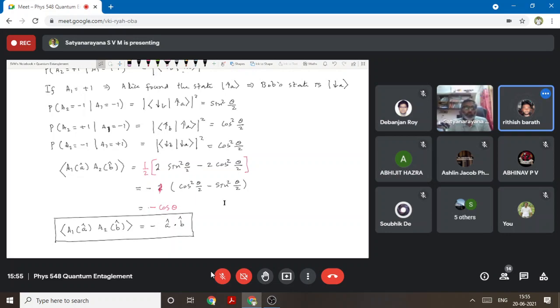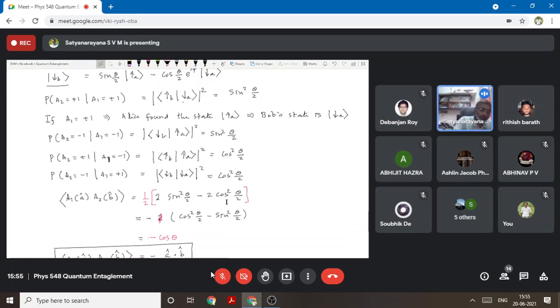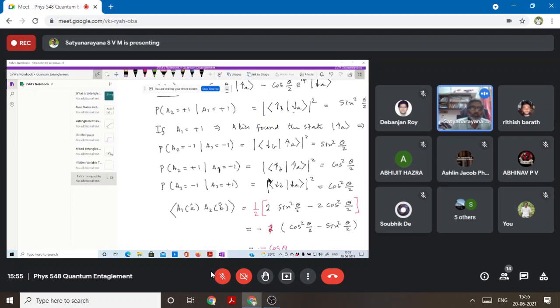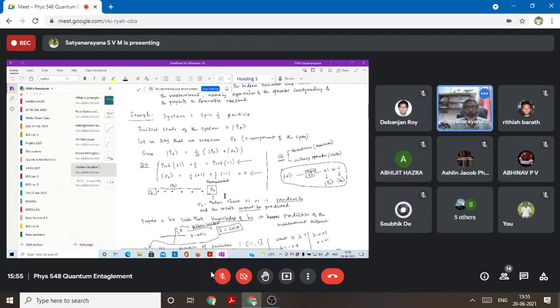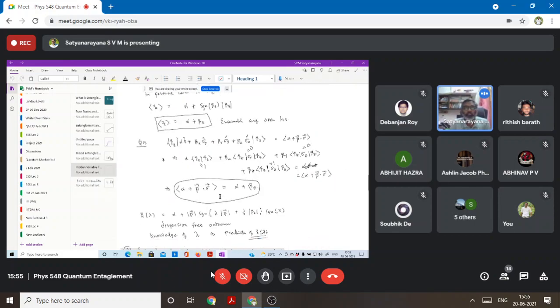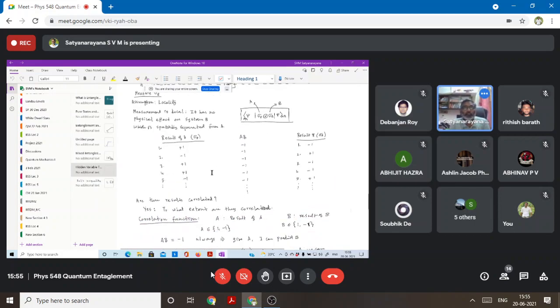I think we did it like that last time, if you remember. We got this result earlier also, right? That time I simply used geometry. Here I made a tabular column like this, and I asked the question: is the result correlated?